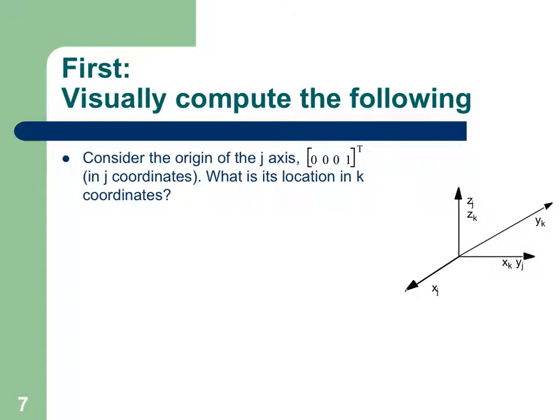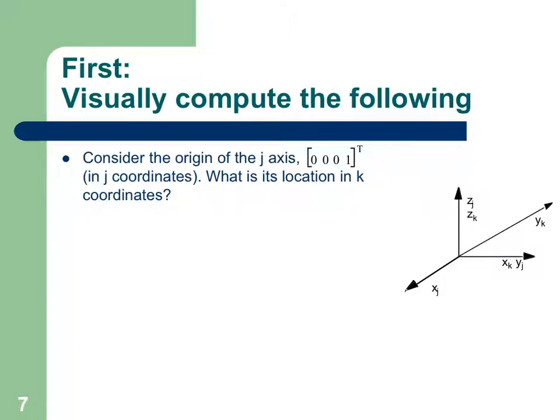So if we consider the origin of the J axis, and remember I'm using this transpose notation because really our points are always vertical vectors, right? Then what's its location in K coordinates? Well, that one's easy, right?